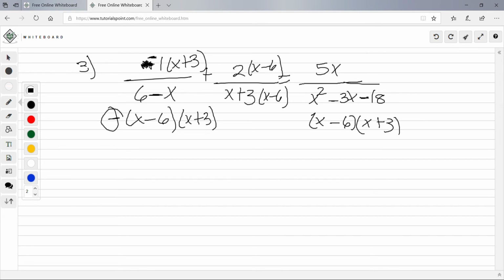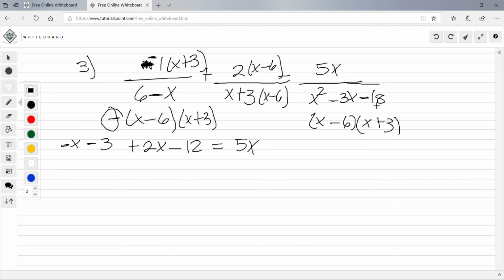So let's start with the numerator. That would be negative 1 times x plus 3 is negative x minus 3, plus 2 times x minus 6 is 2x minus 12, equals 5x.